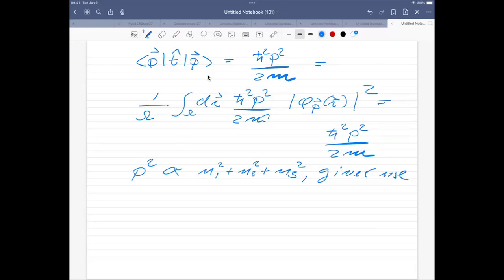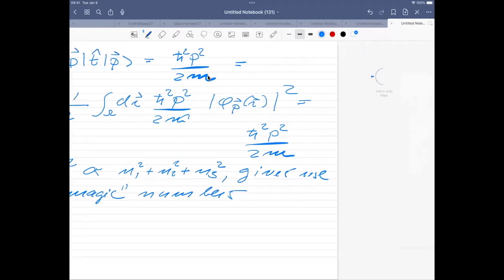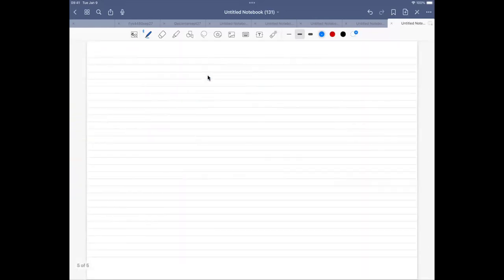Okay, so this gives rise to what we might call magic numbers, in the same way as we have for the description of the periodic system. So let's take a closer look at this. If we look at the energies which we can have, they will be proportional to these numbers squared.